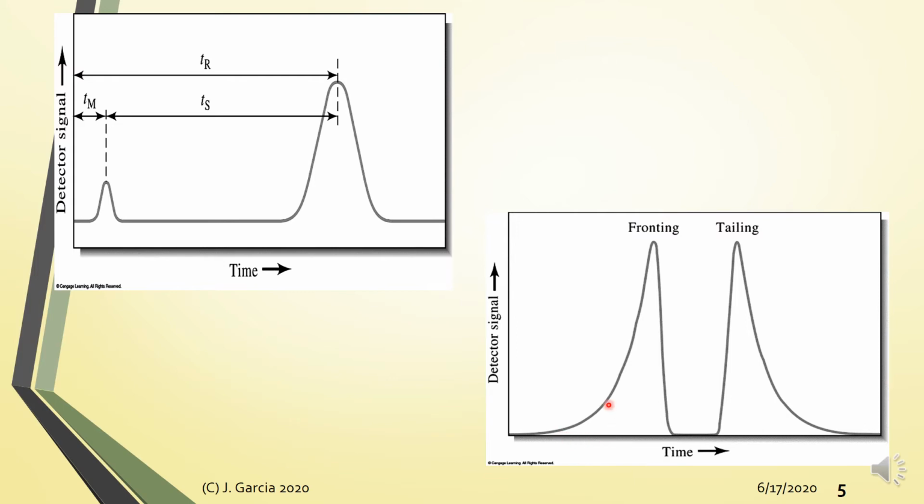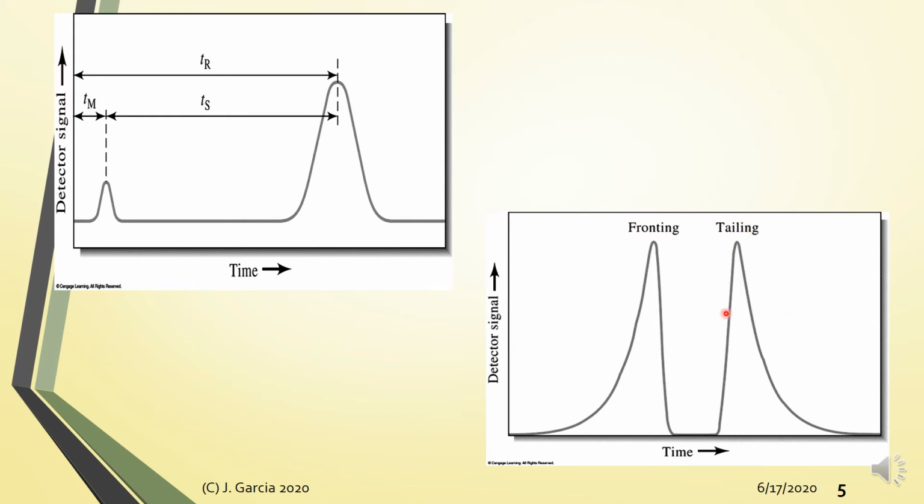This means that some of the components represented by this peak are eluted faster than the bulk of the component. Okay? Normally, fronting occurs when you overload the sample injected into the chromatograph. This means your analyte is too concentrated in the sample. So to reduce fronting, you need to dilute your sample. Okay? Now, another is your tailing.